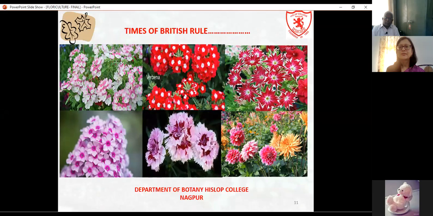But now what they did, they initiated mostly the flowering plants. They included a large number of flowering plants which were full of color, very vibrant, and it was altogether a colorful concept that they advocated.